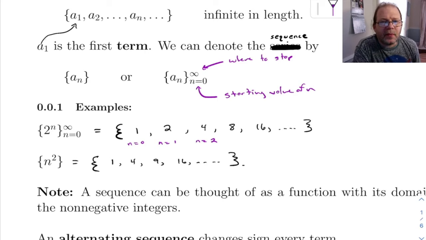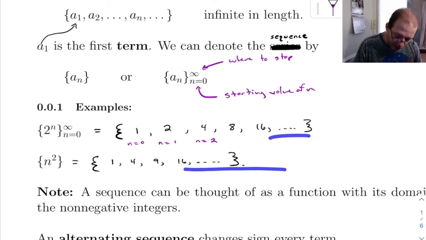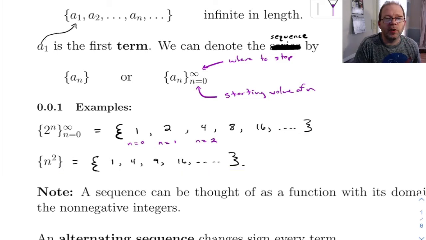Well, if that's important, I'll specify to you. But usually we're more interested in what happens to the series, or I'm sorry, the sequence, as n gets big. So if there's not a starting point, if it's important, I'll tell you where to start. If it's not important, then it's not important.